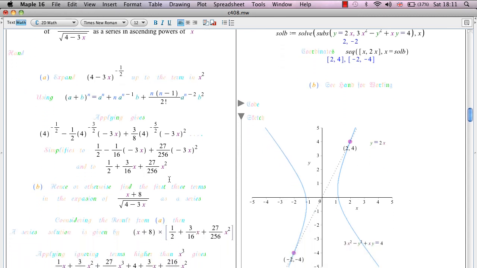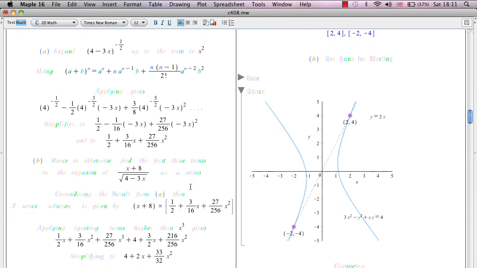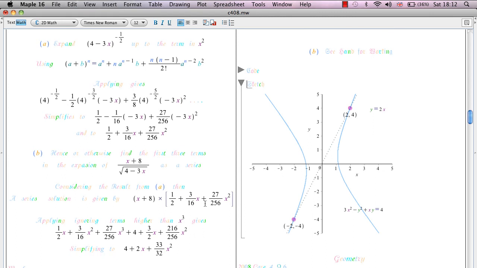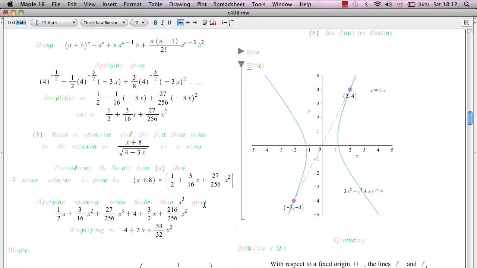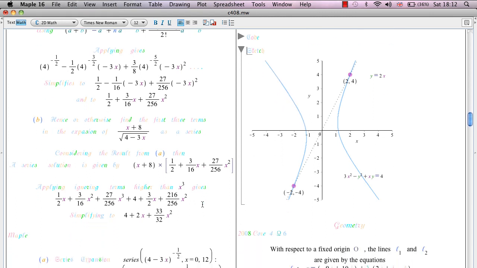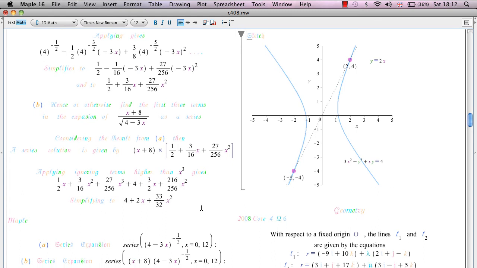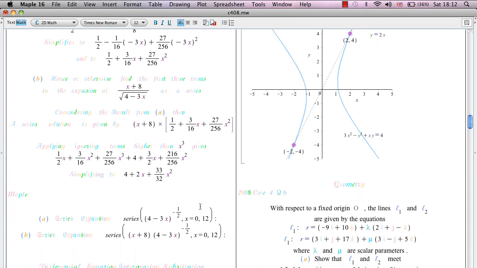And then for part B, we can see that the expression in B is x plus 8 times the expression in A. So using our result from A and multiplying and ignoring terms higher than x squared, first three terms required gives this expression.